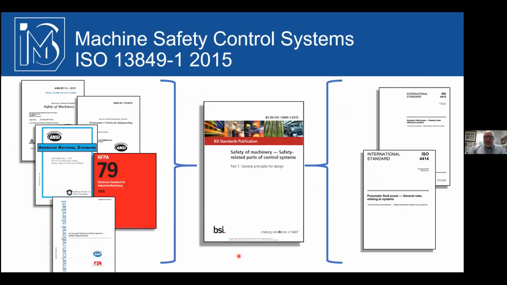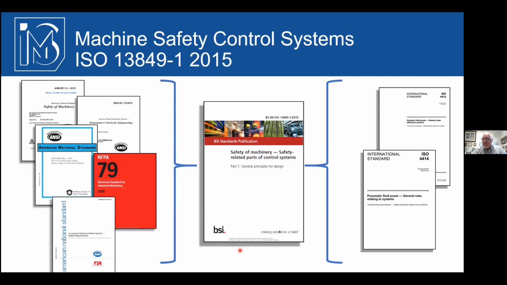So the performance levels are, I'll say, somewhat of a rival or a counterpart to SIL, safety integrity levels. Safety integrity levels come out of a different standard, IEC 62061. The reason we don't use that in machine safety as much is that the SIL ratings are only applicable to electrical and electronic components.